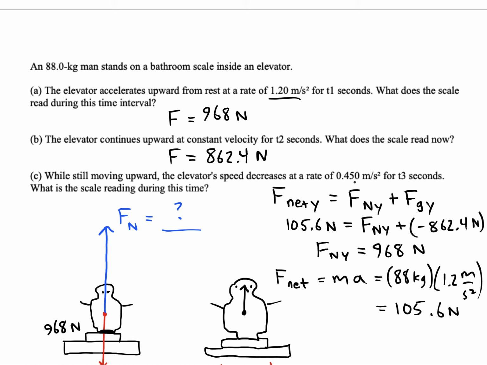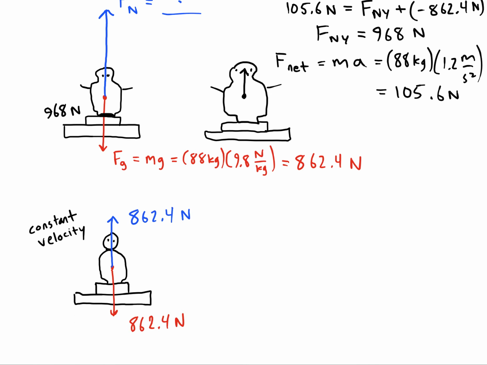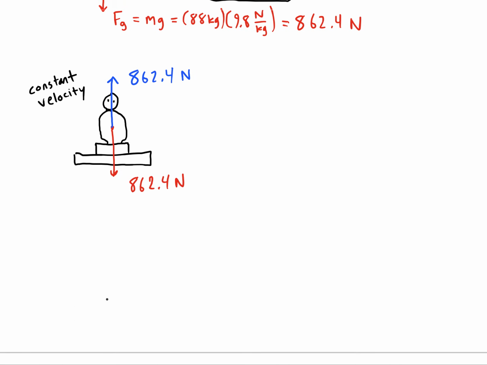And then for C, it says while moving upward, the elevator speed will decrease. Now we have a deceleration of 0.45 meters per second squared. What is the scale reading now? Okay, so when you get to that point, you've still got your same weight as before, 862.4.